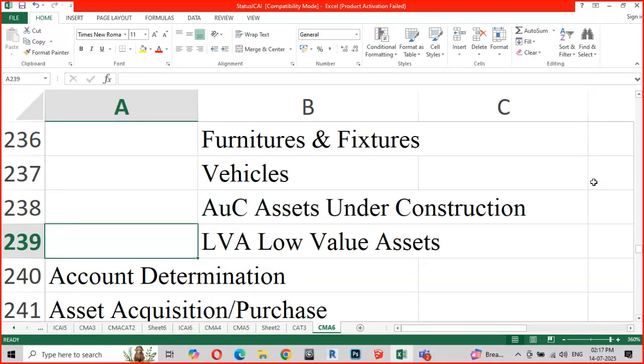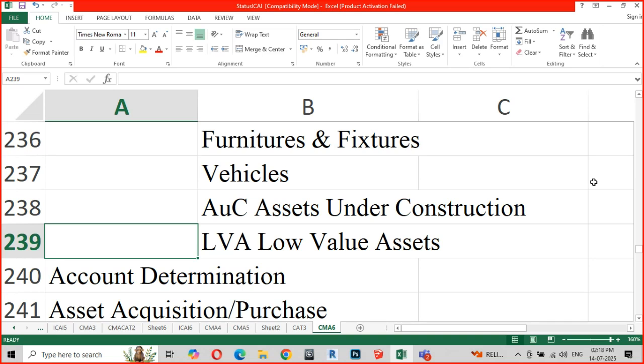Okay. Now, there is another interesting concept called LVA, low value assets. According to the legal books, according to the company's law, whatever assets you are procuring of a value less than, I think it is 5,000 rupees or 10,000 rupees, I'm not very sure.